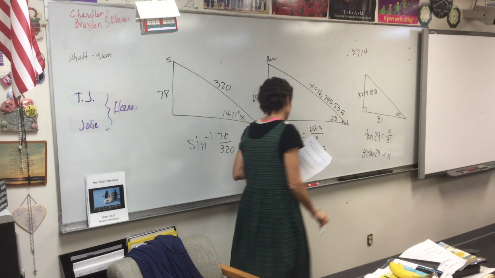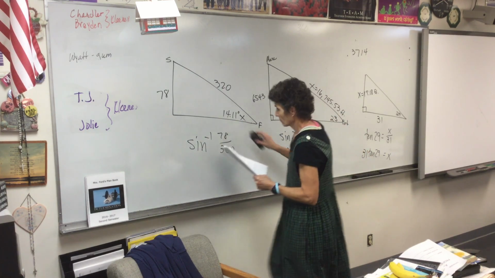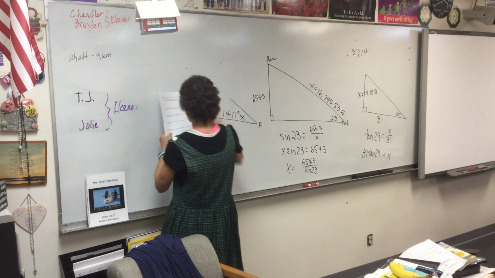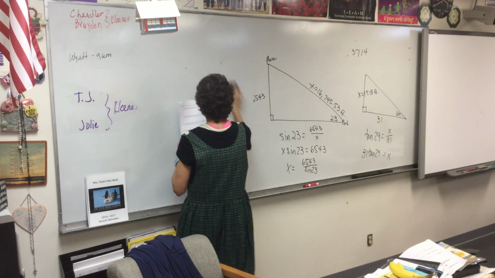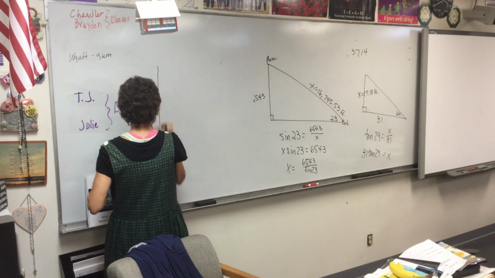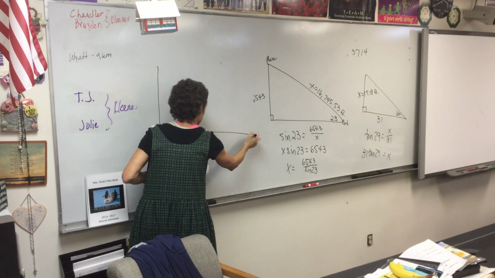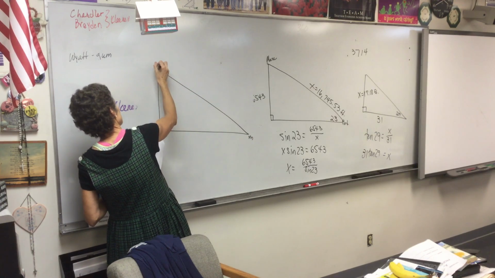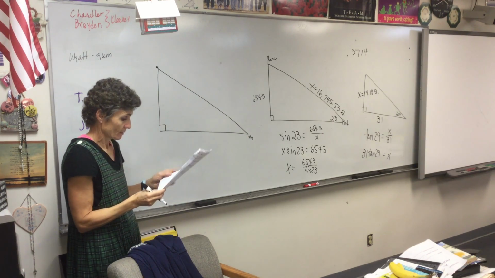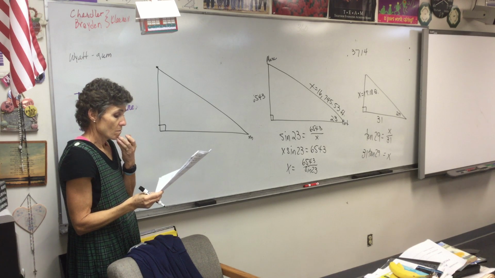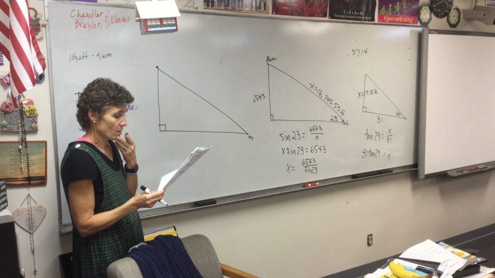Last one. Here we go. A man looking at the top of a building. So here's the building. Here's the man looking at the top of the building. Where do I put the 84?